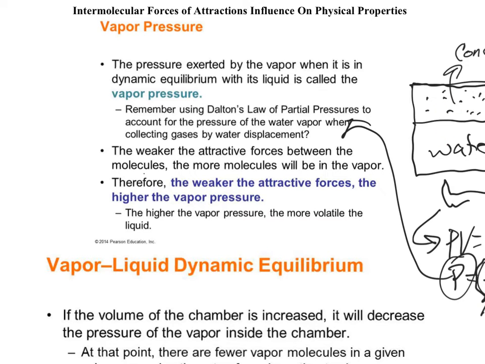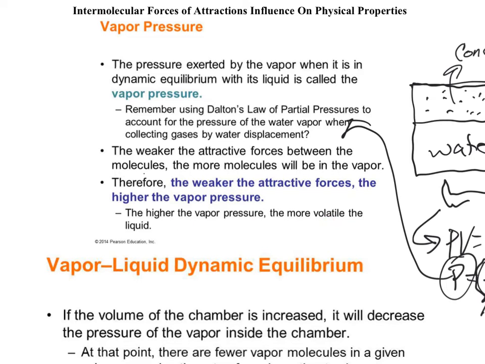If we're comparing two liquids and one has hydrogen bonding and the other has dispersion forces, we would expect the one with dispersion forces to have more gas particles above the liquid than the one with hydrogen bonding. So the weaker the attractive forces, the higher the vapor pressure, and vice versa.